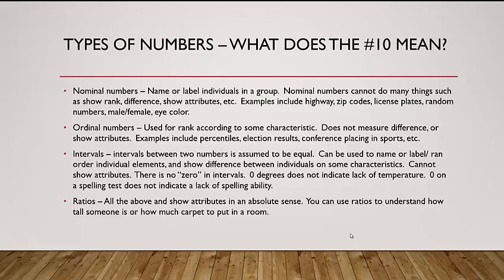That's a ratio. The difference between intervals and ratios is the zero. We're not going to get into that for the purpose of our course, but just understand that there's a difference between an interval and a ratio.